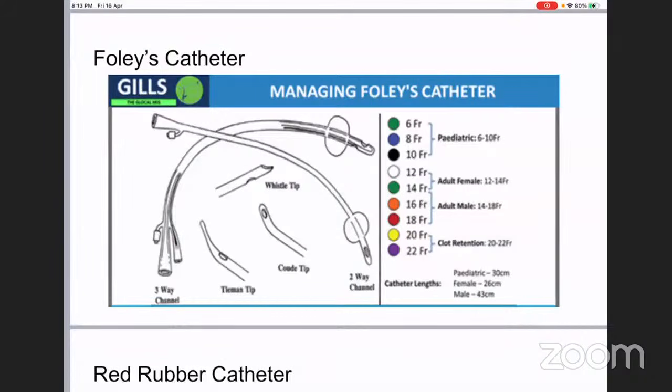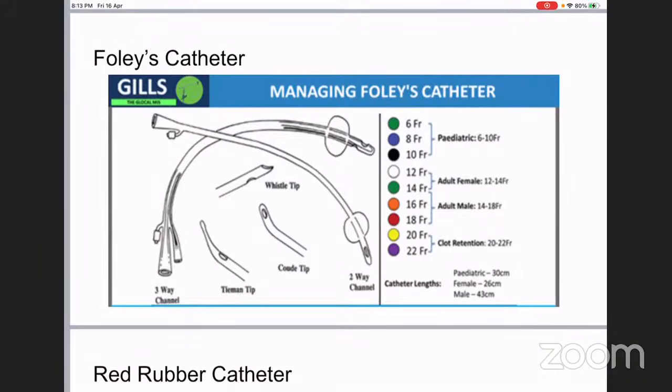It will crystallize. Yes, it will crystallize and it will block the balloon. You cannot deflate it later when you're removing the catheter. Okay. So never, never, never inflate the balloon of a Foley's catheter with saline.